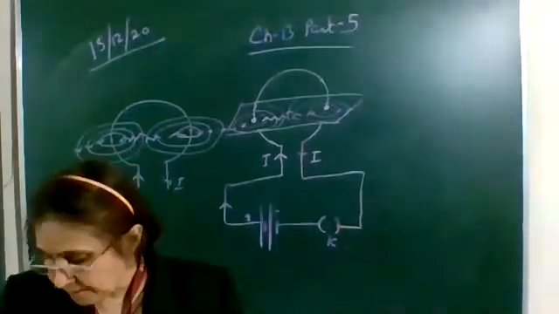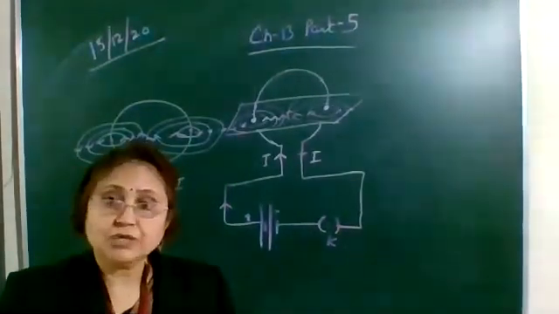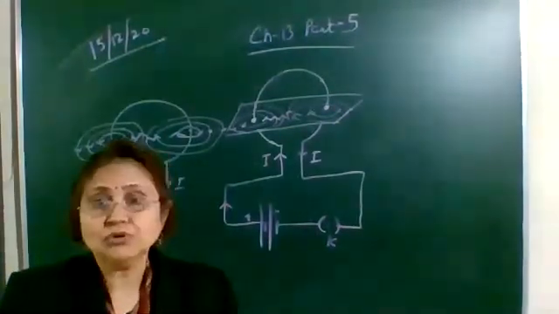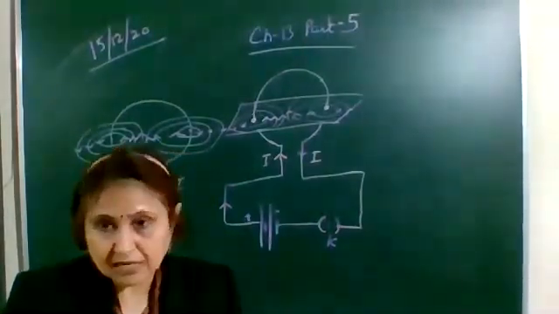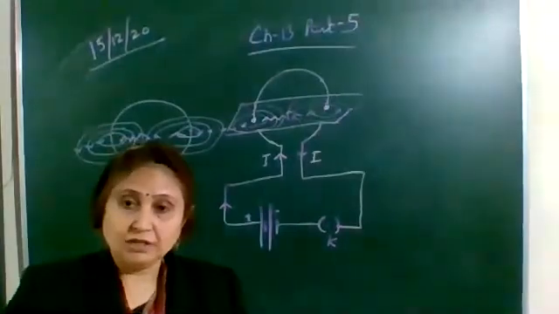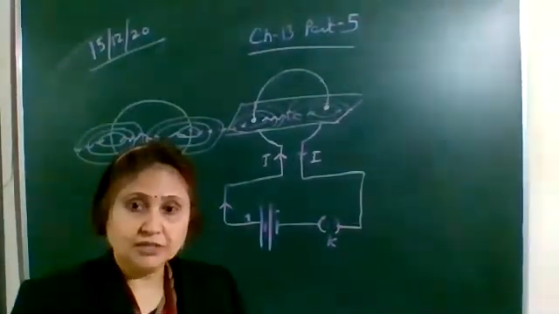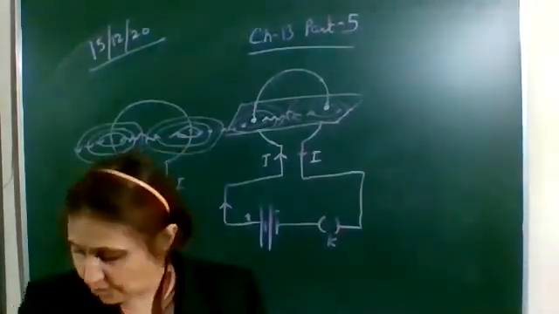Tomorrow we'll start with the solenoid and see the pattern of the magnetic field lines. This was due to one circular turn. If there are more turns in the shape of a cylinder, it will become a solenoid, and the magnetic field will increase. The pattern we'll study tomorrow.